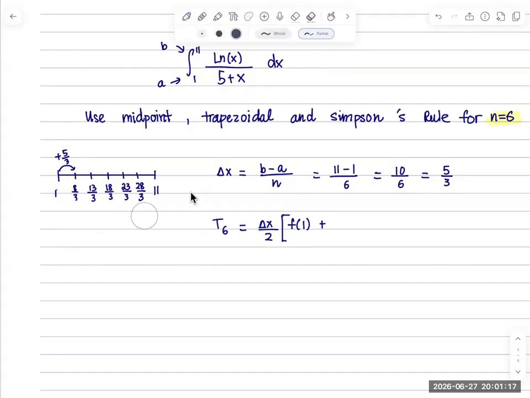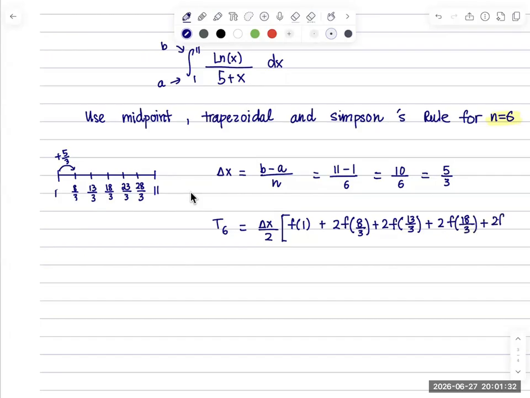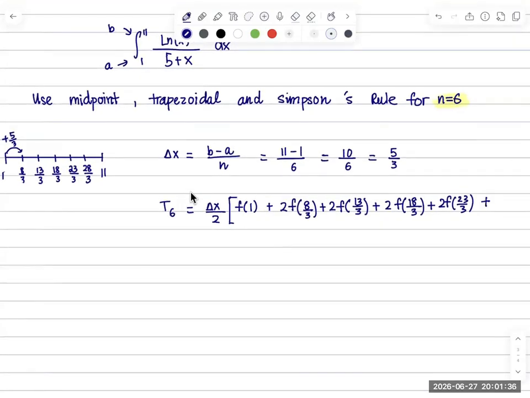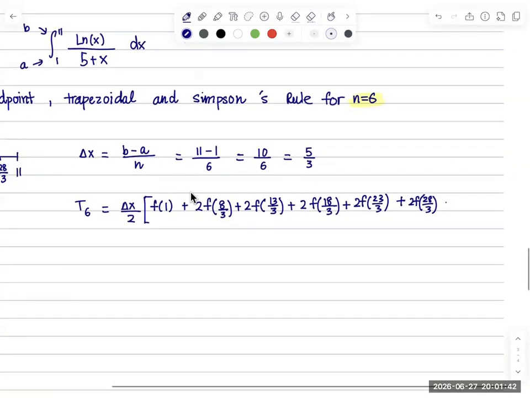So I'm going to do 2 times f of 8 over 3 plus 2 times f of 13 over 3, and then keep going until I get the last point. The last one has no coefficient. We don't multiply by 2 for the last one.